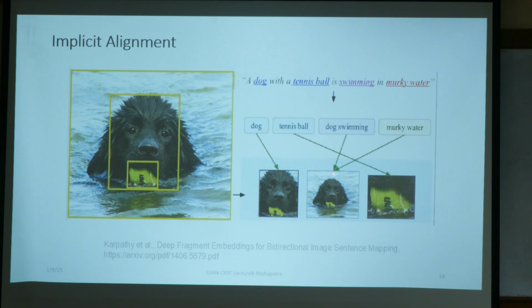Now, if you look at these two words, tennis ball and dog are gone, then swimming in murky water. So swimming is happening, and swimming is associated with the murky water. So you are associating, aligning swimming with water. You cannot swim in the air. You cannot swim in anything else. Okay? So that's basically alignment.